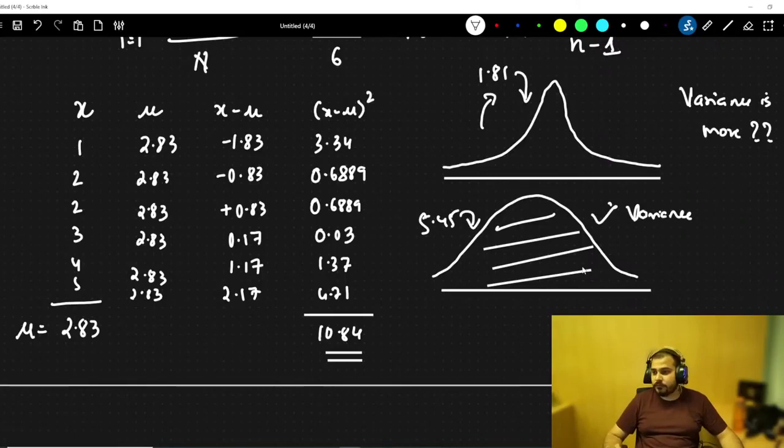Clear everyone? Yes or no? Whenever I talk about more variance, that basically means the data is more dispersed, right? Clear, guys? Everybody clear or not?